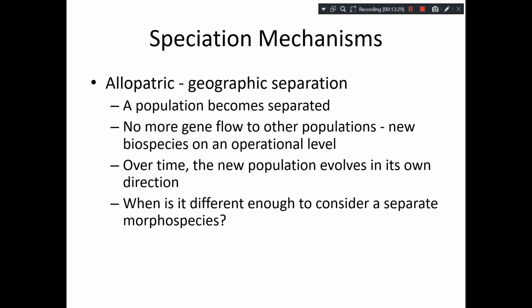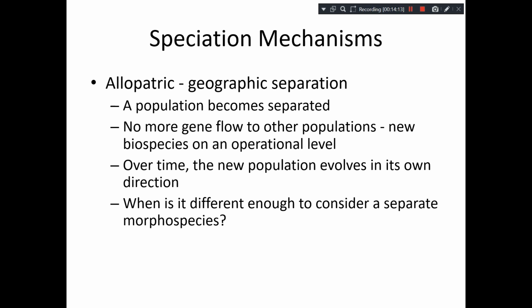Remember, the gene pool of the new population is very small, and it contains only some share of the original gene pool, which might be very large. The new population which has migrated carries only a small part of that gene pool. So as a result, over time in a new area, the new population evolves in its own direction, irrespective of what has happened in the native area.